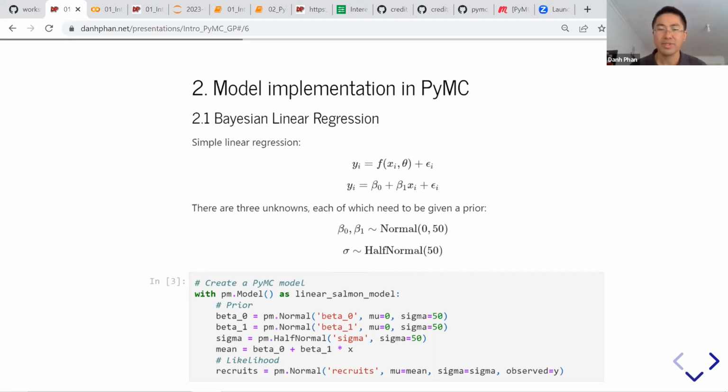You can also use other distributions as well, but here we just make it simple.